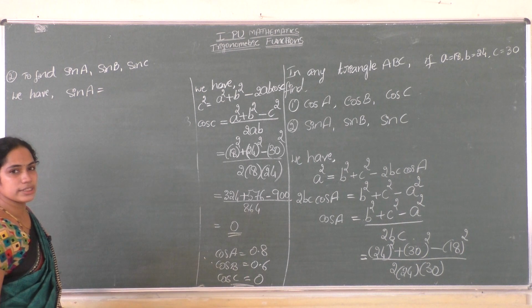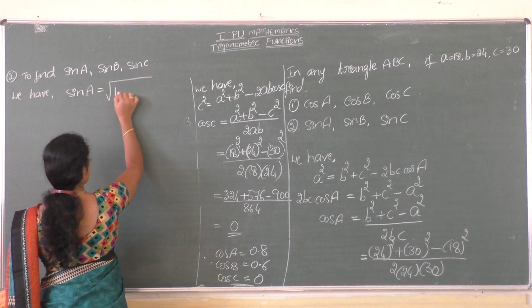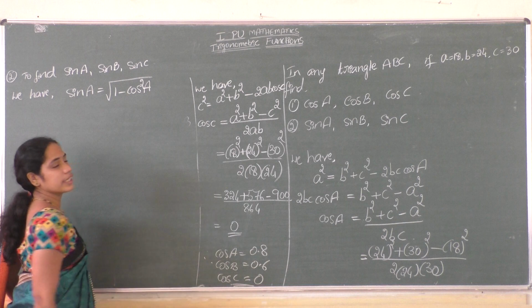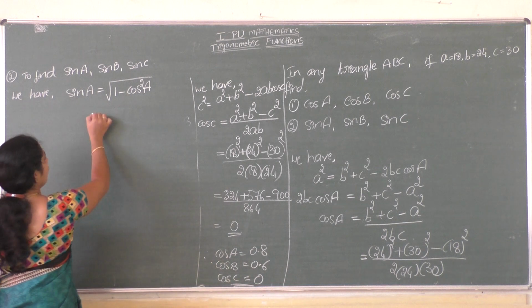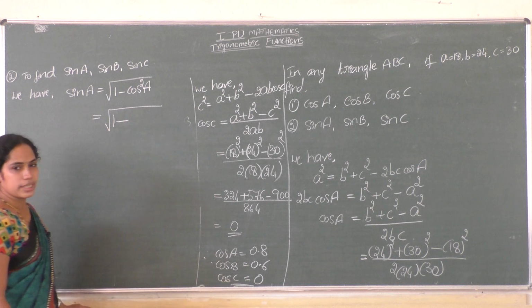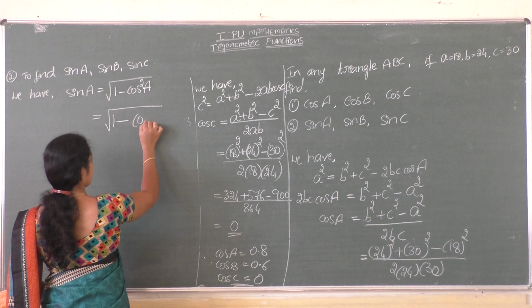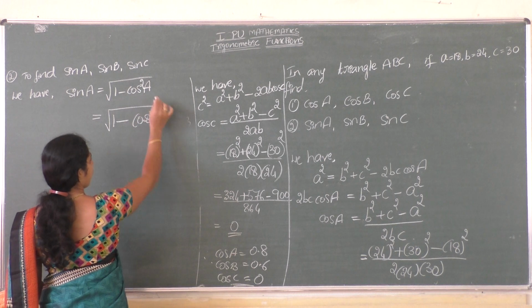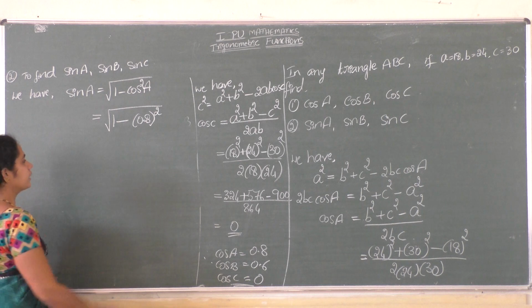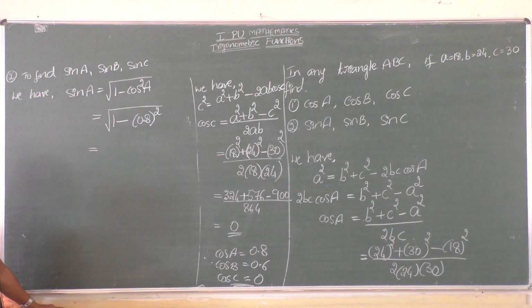We have cos A, correct? So sin A is equal to root of 1 minus cos square A. What is cos A? Cos A is 0.8, squared is 0.64.